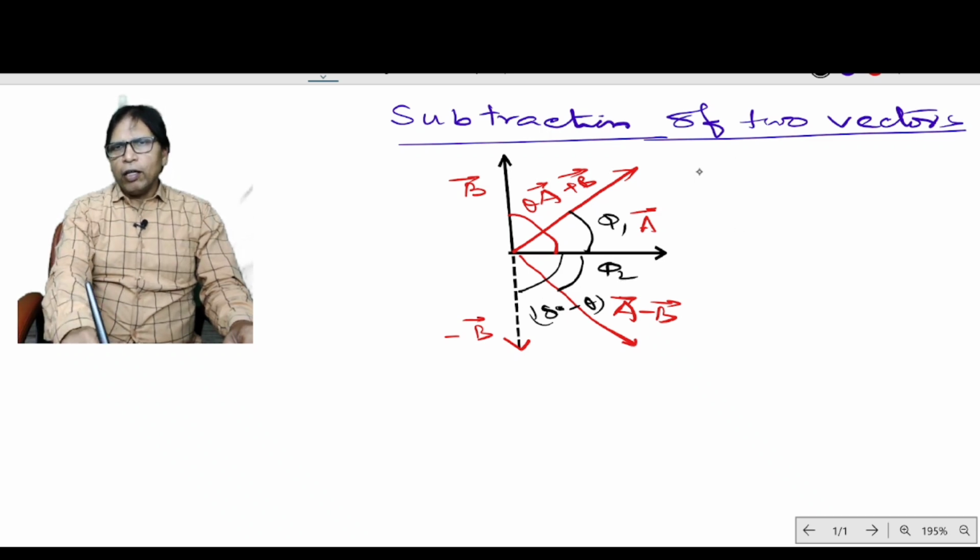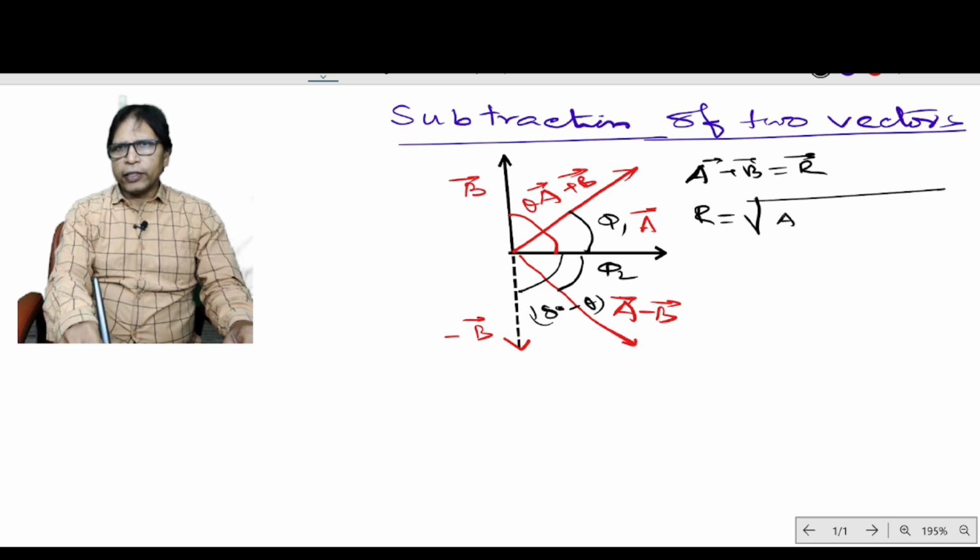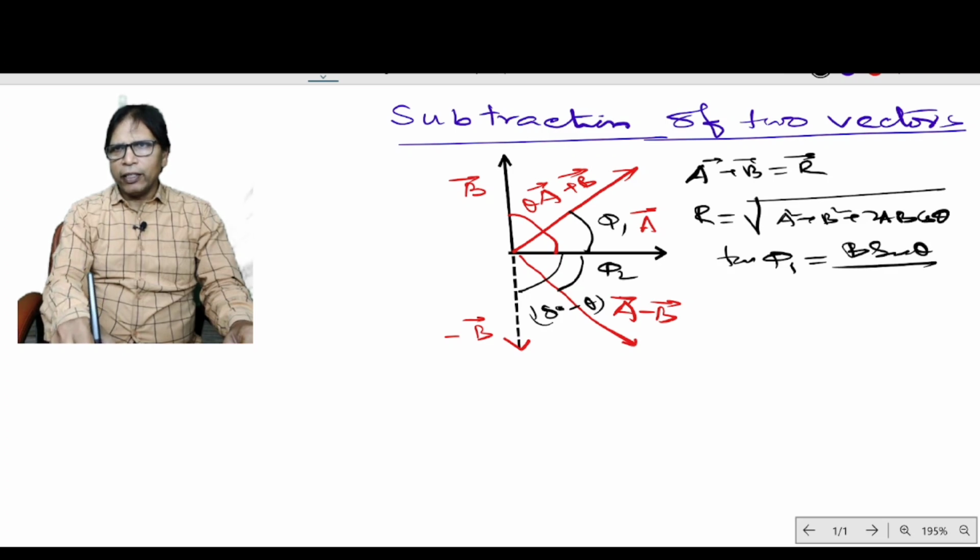So from A vector plus B vector equals R vector, R equals the root under of A square plus B square plus 2AB cos theta. And tan phi 1 equals B sin theta divided by A plus B cos theta.